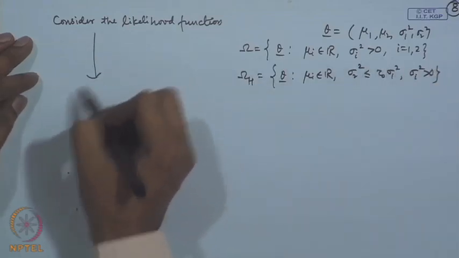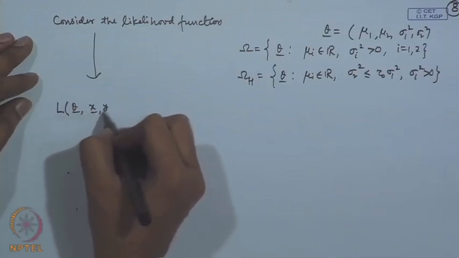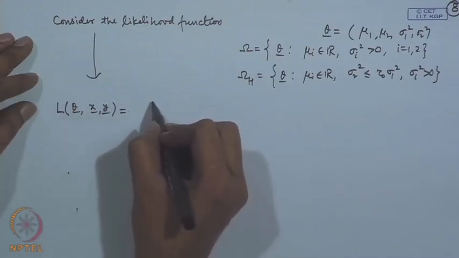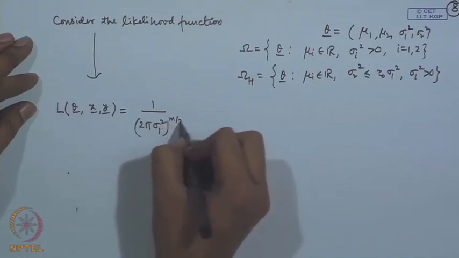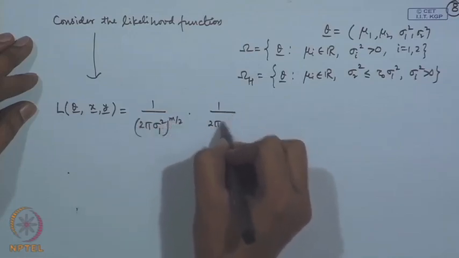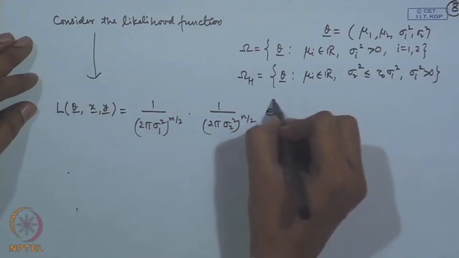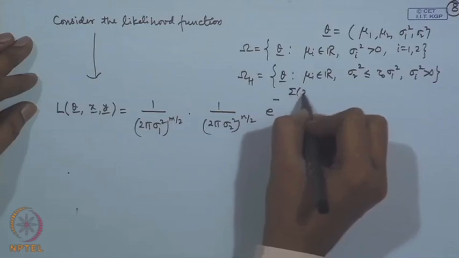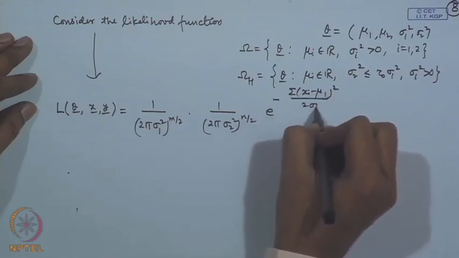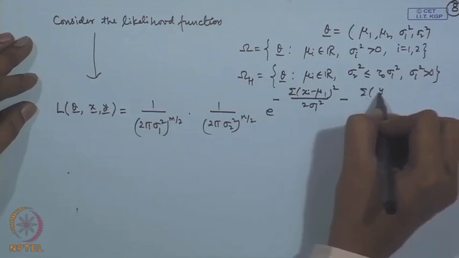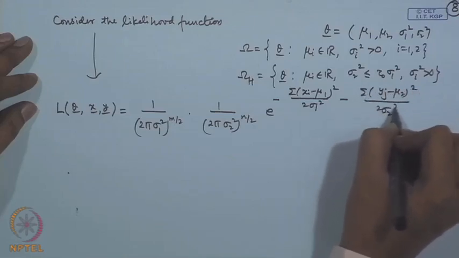So, the likelihood function L(theta; x, y) is equal to (1 by 2 pi sigma1 squared) to the power m by 2, (1 by 2 pi sigma2 squared) to the power n by 2, e to the power minus sum of (xi minus mu1) squared by 2 sigma1 squared minus sum of (yj minus mu2) squared by 2 sigma2 squared.